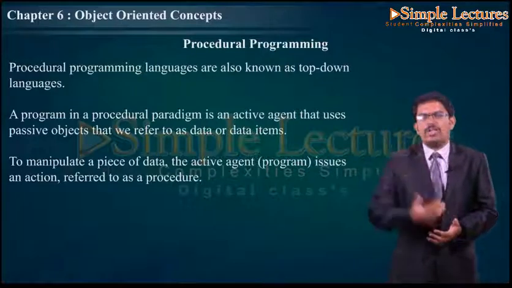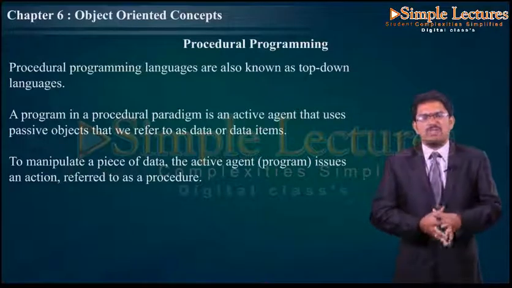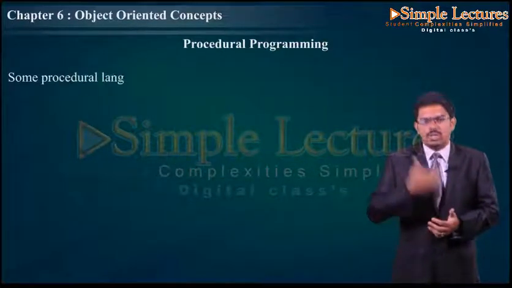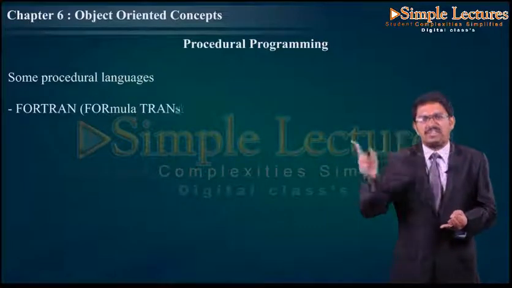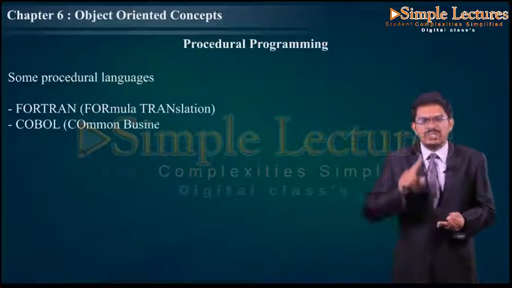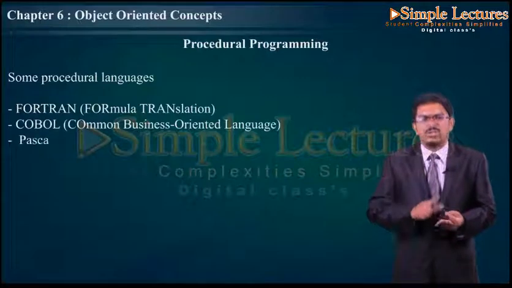Based upon the action, the implementation will be performed in a given task. These procedural languages can be classified into Fortran, which stands for Formula Translation, COBOL, which stands for Common Business Oriented Language, Pascal, C, and Ada.